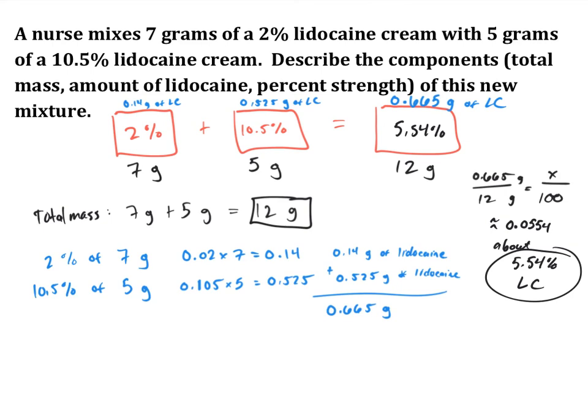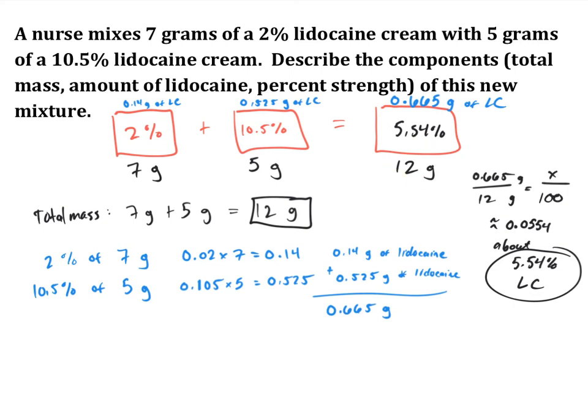So just a very quick review. Think about the components that you are mixing together: what's the strength, what is the amount. I'm taking a 2% strength, 7 grams of that, and the 10.5% strength, I'm adding 5 grams. That means on the right-hand side, when I sum the 2% and 10.5%, their masses need to sum to the total amount on the right-hand side.